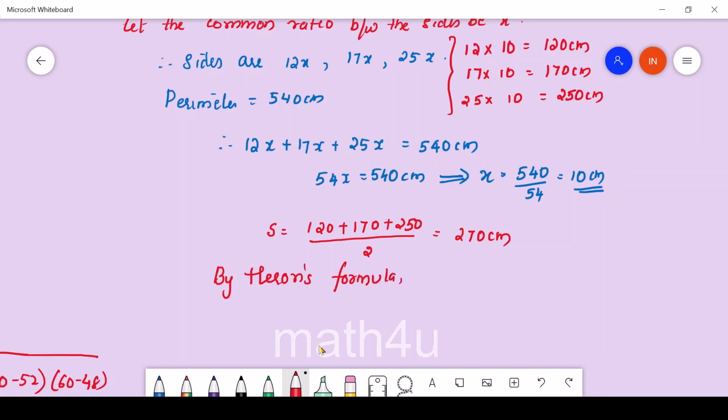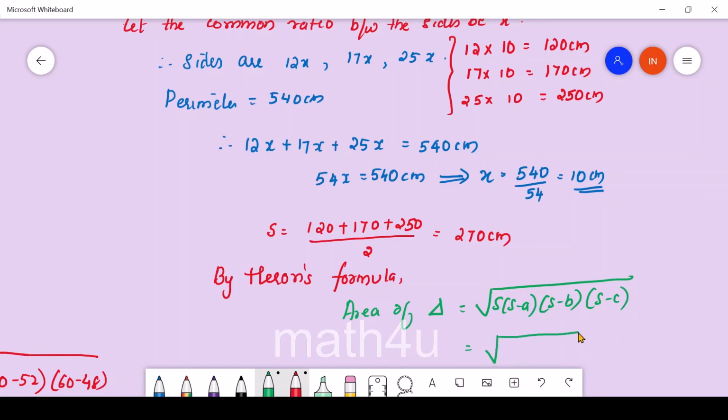So by Heron's formula, we are going to write the area. Area of triangle is equal to, you know the formula, root of S into S minus A into S minus B into S minus C, right? This is equal to, I'm going to substitute over here for S as 270, then 270 minus 120, then 270 minus 170, then again 270 minus 250 centimeters squared, right?